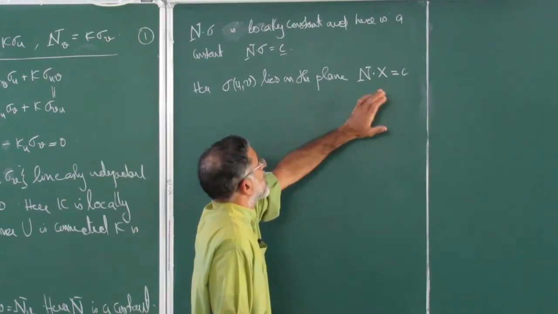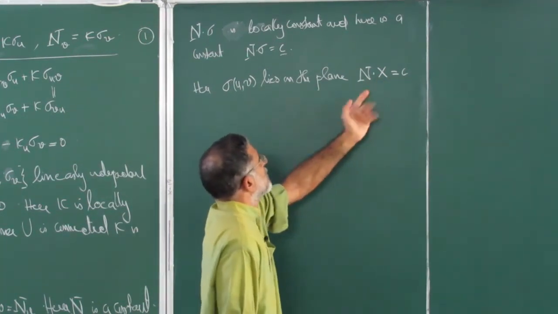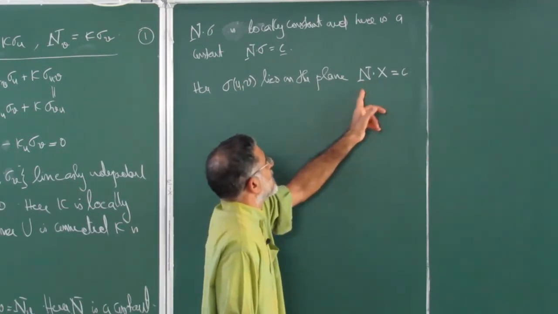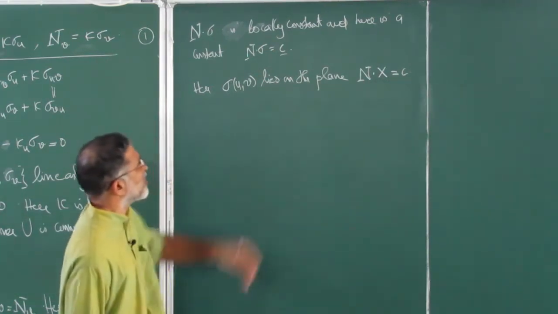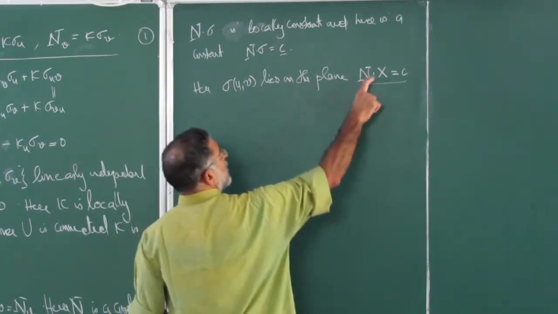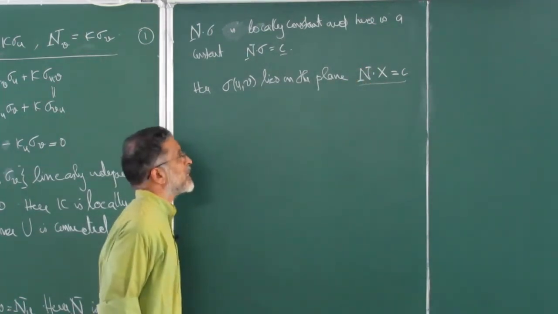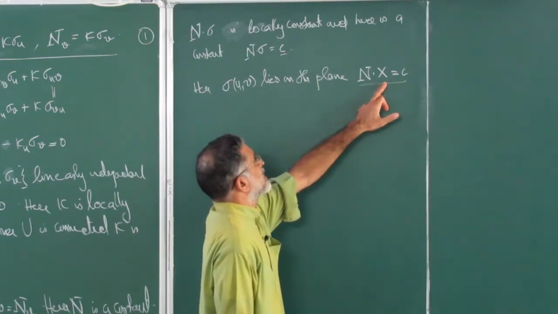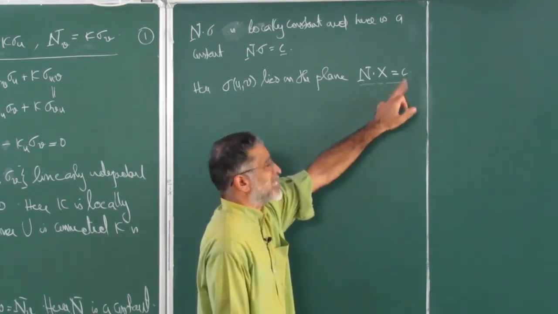If N is (alpha, beta, gamma), then alpha x plus beta y plus gamma z equals c. That is the standard way of writing the equation of a plane. So write your N as (alpha, beta, gamma), then this is (x, y, z), so alpha x plus beta y plus gamma z equals c.